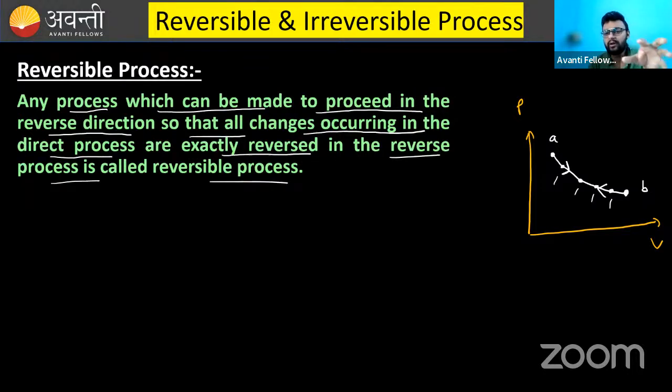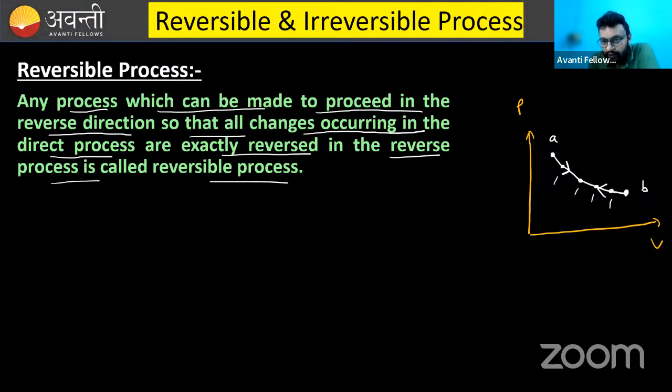So no need to worry about that. What I'm saying is, if you are expanding the gas from A to B, and again you are compressing the gas from B to A, and if the path followed on the PV curve is the same, then the process is reversible. Clear?